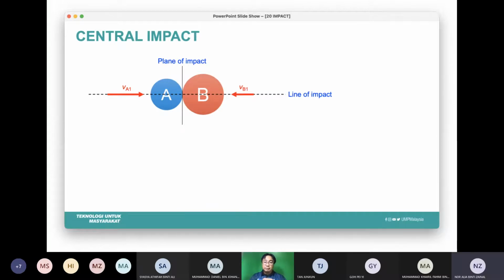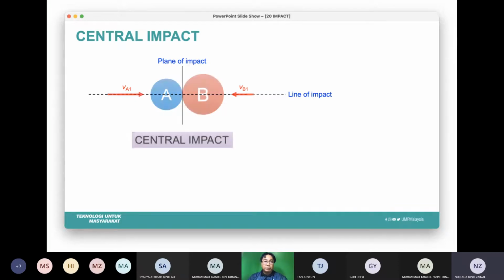Yang ini normally is a horizontal line, dalam x-axis. So this is central impact, di mana velocity VA dan VB berada exactly on the line of impact, berada atas line yang sama dengan line of impact. This is what we call central impact.